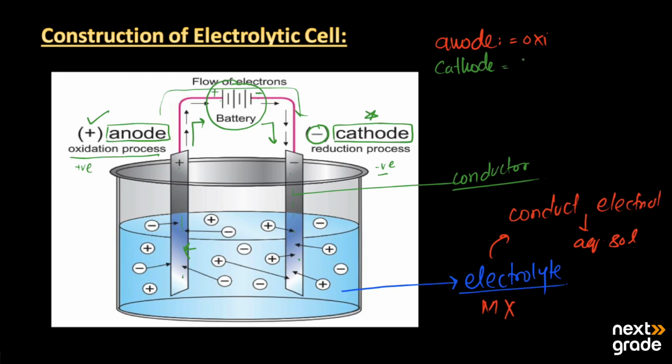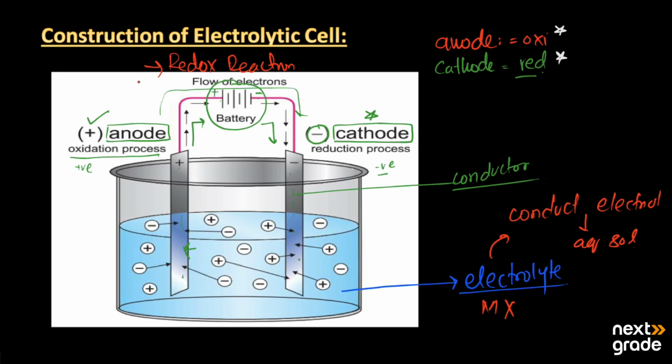So a process of reduction takes place here. So oxidation will always take place at the anode and reduction will always take place at the cathode. This is the main point of this process, that oxidation and reduction take place. So overall this reaction can be called a redox reaction that is taking place in the electrolytic cell.